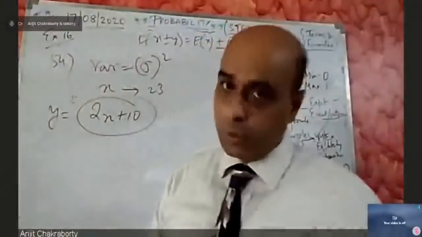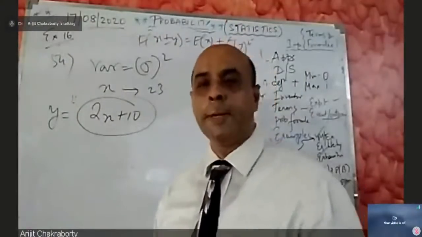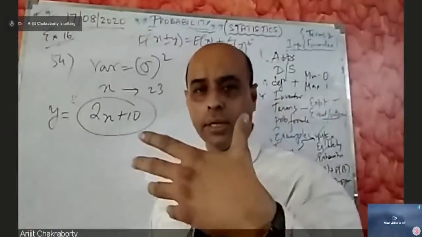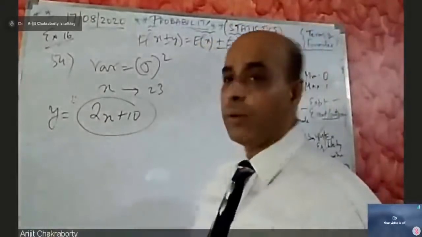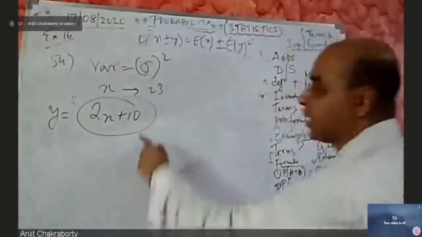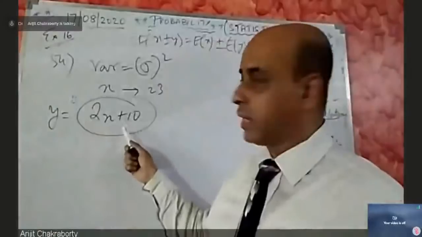So if y is equal to 2x plus 10, what will be the variance of this expression? You have already done standard deviation and measures of dispersion, and you must have been taught this formula. We have to find the variance of y, that is 2x plus 10.